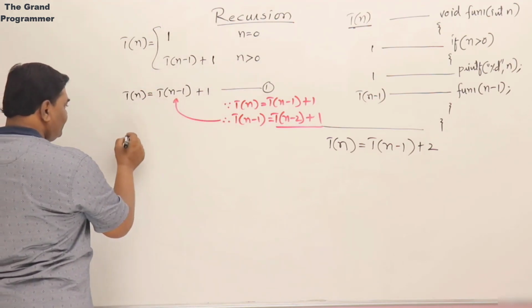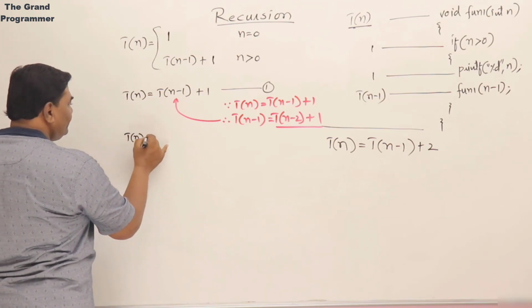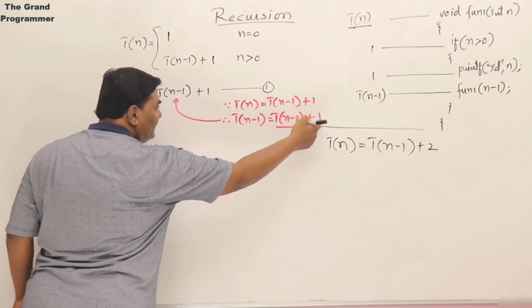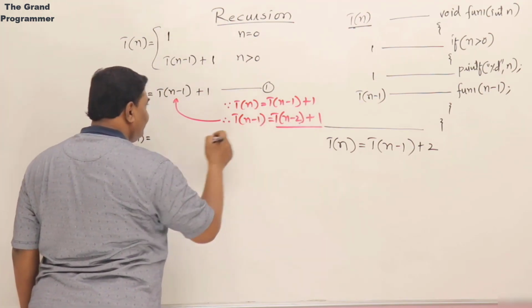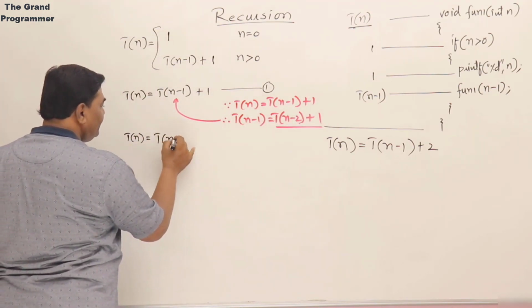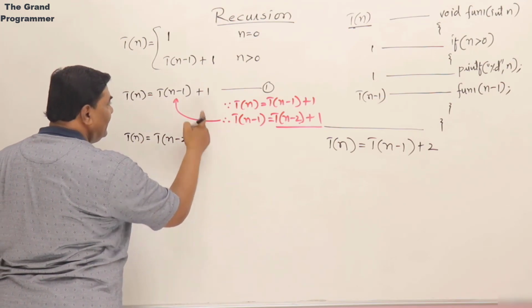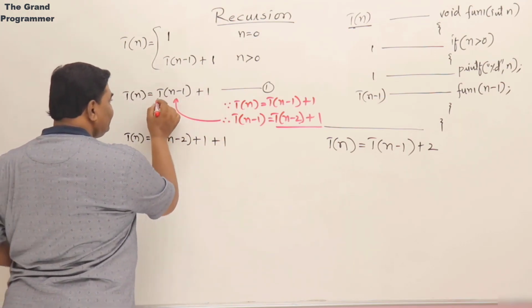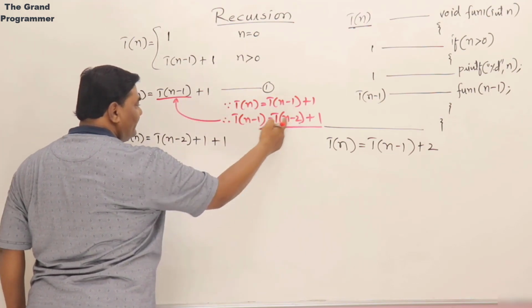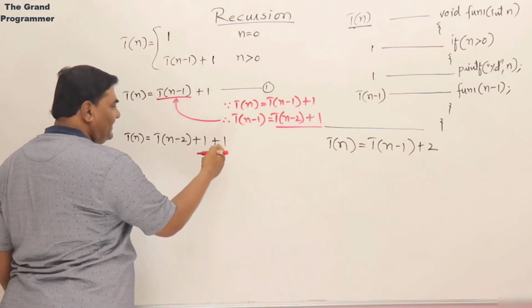So the next equation that I get is T(n) = T(n-2) + 1, and this plus 1 as it is. So this is substituted with this one, and then this plus 1 as it is.